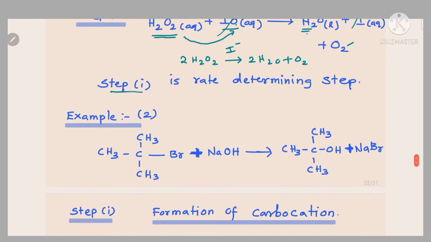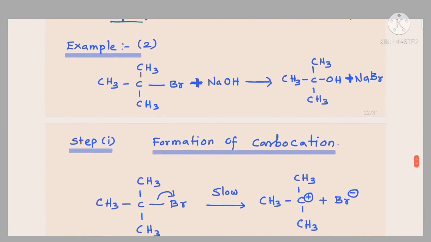Let us understand this clearly with another example. Example number 2 is the nucleophilic substitution reaction of alkyl halide. Here we have tertiary butyl bromide. With that, when we add sodium hydroxide, the OH minus nucleophile will come and substitute Br minus.